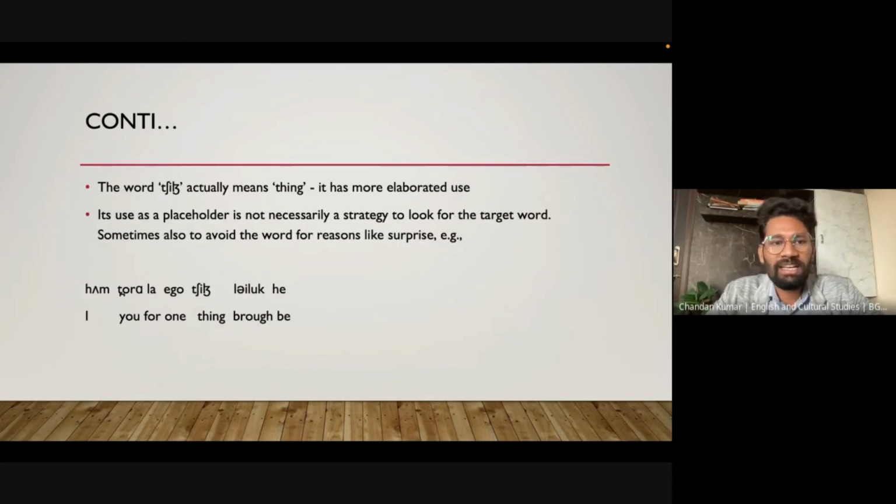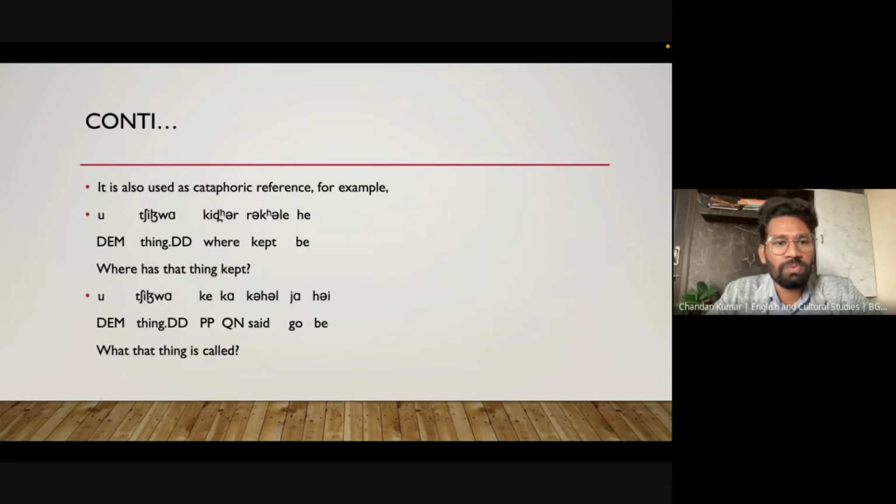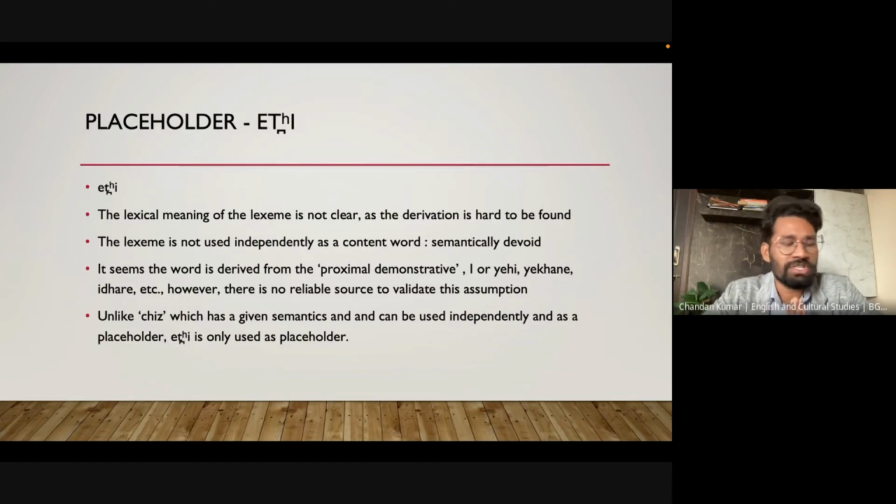I'll skip this part. I'll come to the word that I'm describing here, which is "ethi". Ethi is a word that I have observed in Magahi that is used a lot. In fact, in every five-minute conversation, you'll see this word coming three or four times.